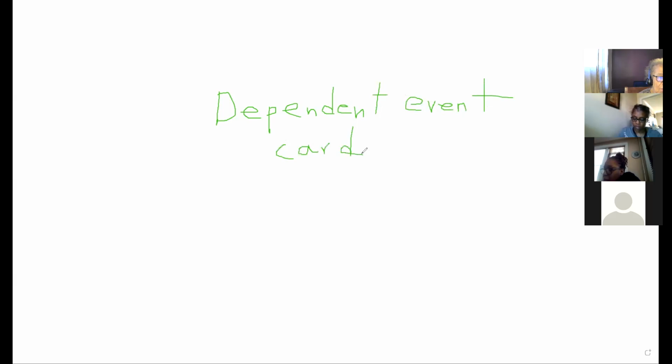We have hearts, clubs, diamonds, and spades, and each of those has how many? 13 cards per suit, right?